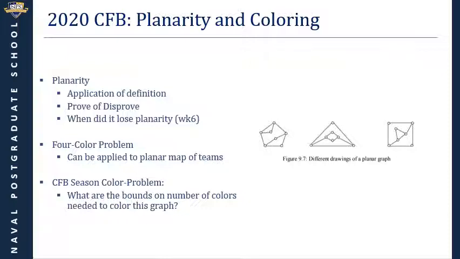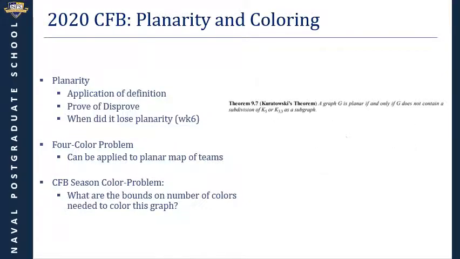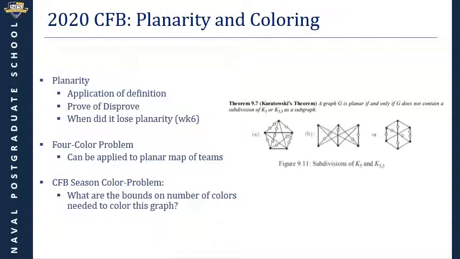But by Kuratowski's theorem, we know that a graph G is planar if and only if G does not contain a subdivision of the complete graphs K5 or K3,3 as a subgraph. Remember, when a subdivision of K5 or K3,3 is contained in a graph, there can be intermediate vertices along the virtual edges between the primary vertices of the K5 or K3,3 contained graph.